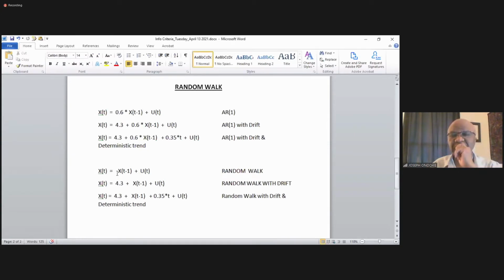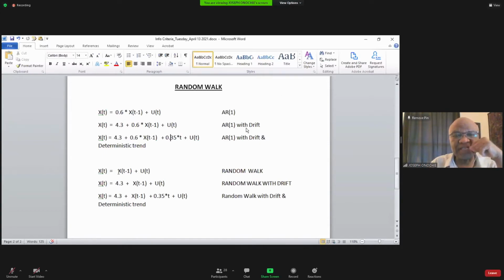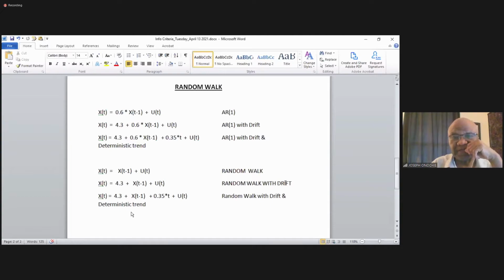That's a random walk. And so that means that it doesn't have a mean, right? Because it's phi 0 over 1 minus phi 1, and if that's 1... Yes, in this case, there's no constant, there's no mean here. I didn't introduce it. But in this second one, I introduced a mean of 4.3. So this is a random walk with drift.